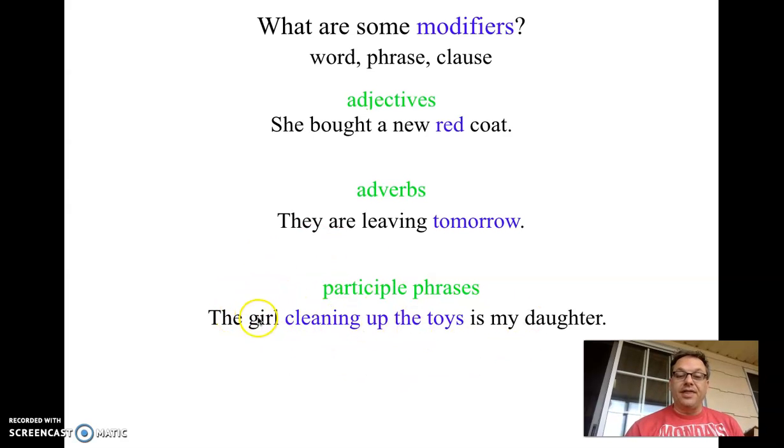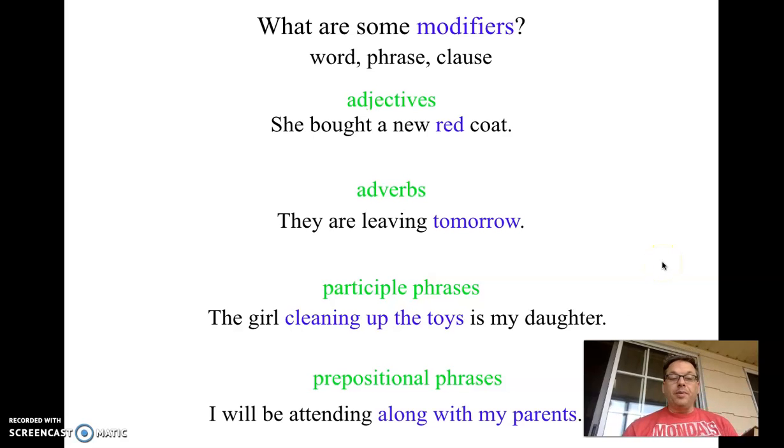That tells us about this particular girl who happens to be my daughter. And one last one, prepositional phrases. I will be attending along with my parents. Right? So along with my parents modifies attending. It tells us more information about that.